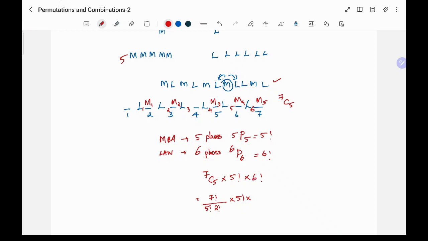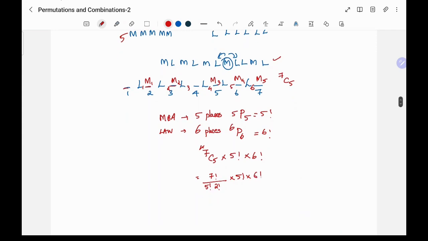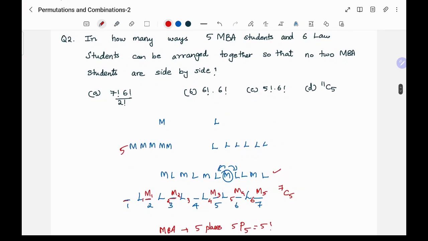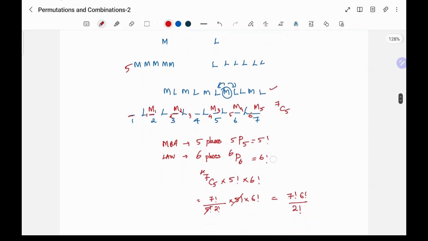So this is 6. This still remains 7 because the number of gaps is 7. So when you have 6 law students, the number of gaps will become 7. So this is 6 factorial. So 5 factorial cancels. You will get 7 factorial into 6 factorial by 2 factorial, which is nothing but option A. Okay, let's move on to the next question.